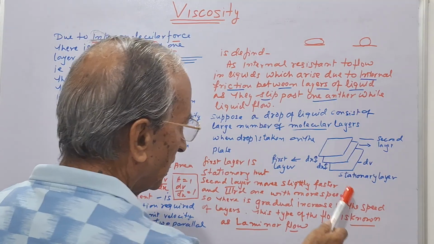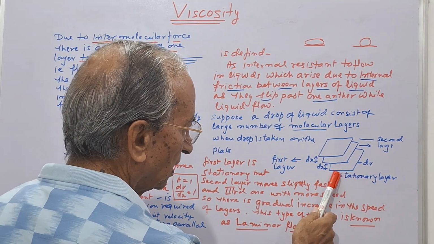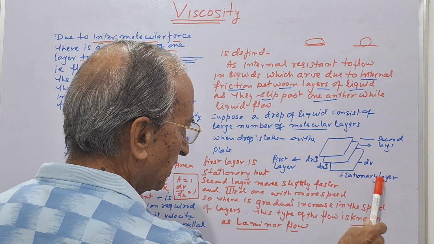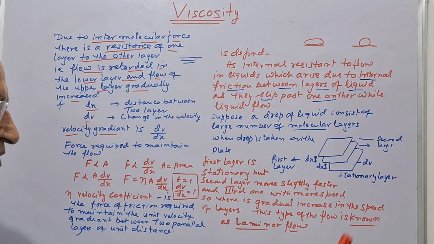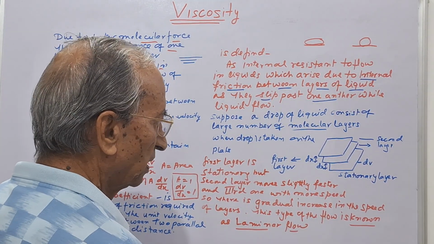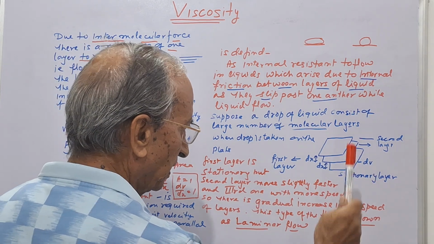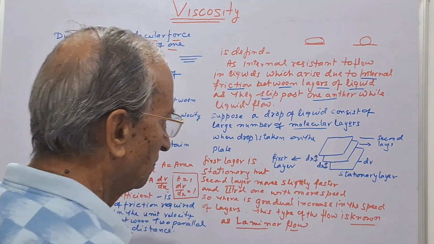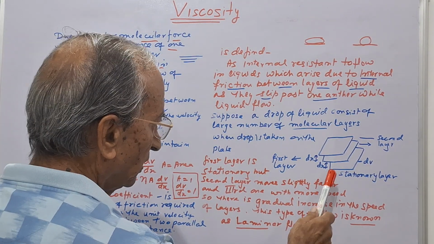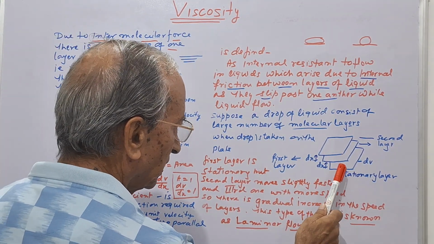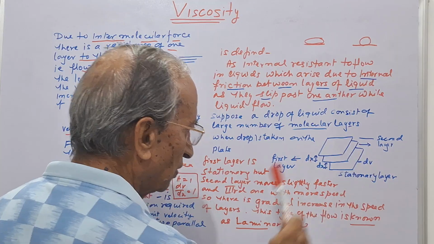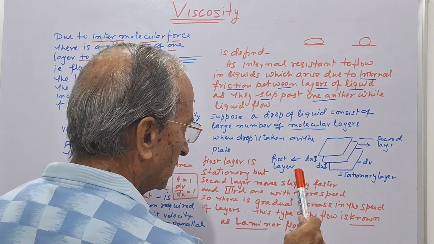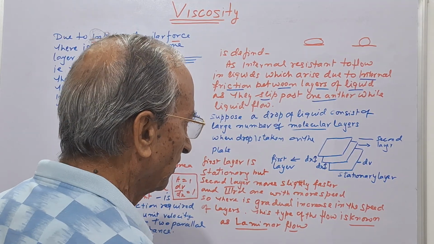See here, when a drop is on the plate, the first layer, which is in contact with the plate, is a stationary layer, then the second layer, third layer and the fourth layer. Now the second layer flows slowly, then the third layer flows with more speed.